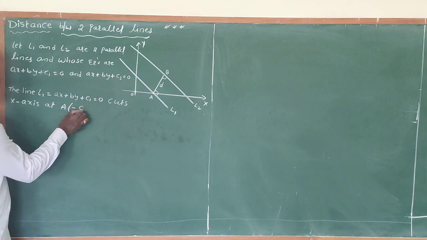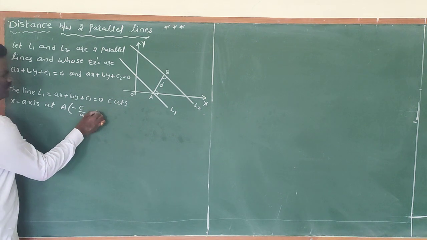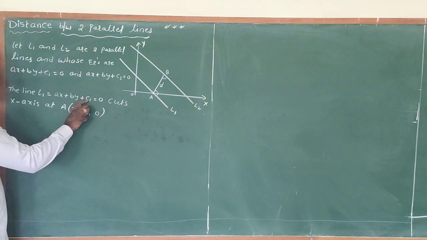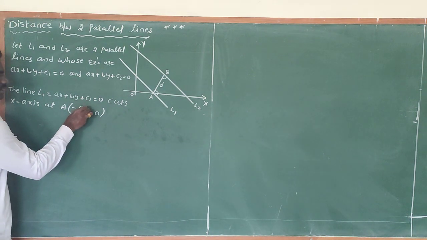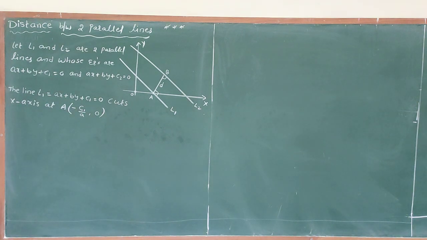Minus C by A comma 0. But in place of C what we have? C1. That's why minus C1 by A comma 0.